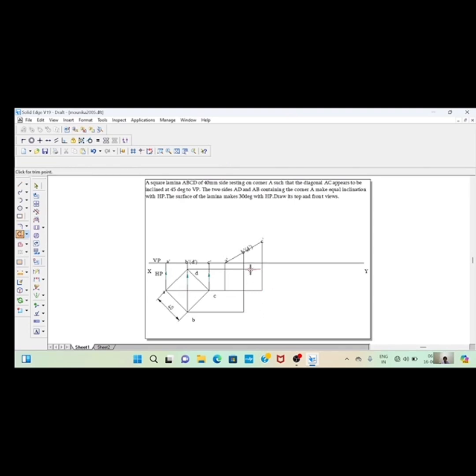Trim the lines which are unwanted. Now go to visible line. Join all the endpoints.